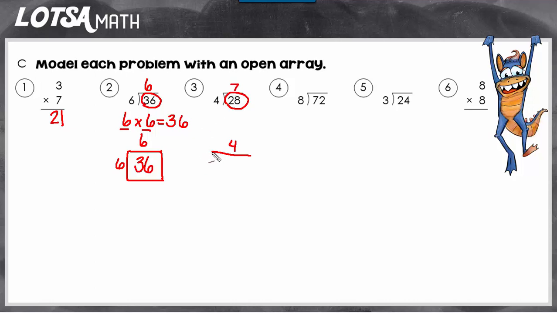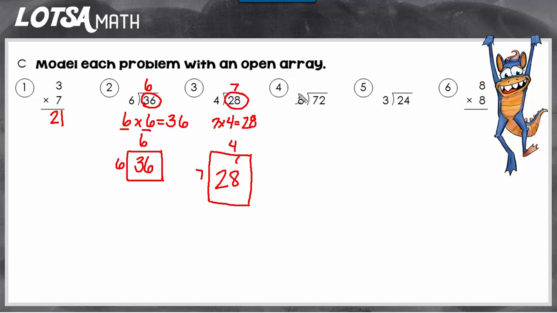So the other side is going to be 7. So if this is 4, then 7 is going to be longer than that. And then you can just close up your array, and you would label the inside with your dividend, or if you remade this into a multiplication problem, it would be your product.